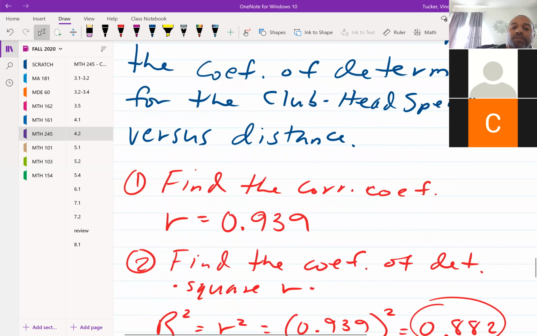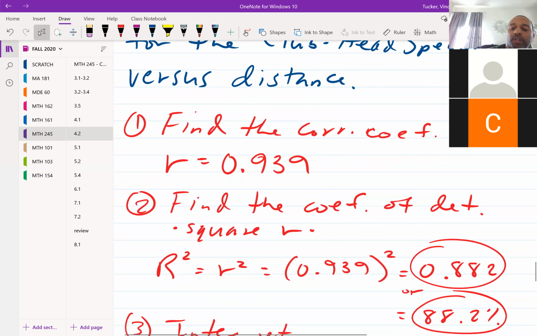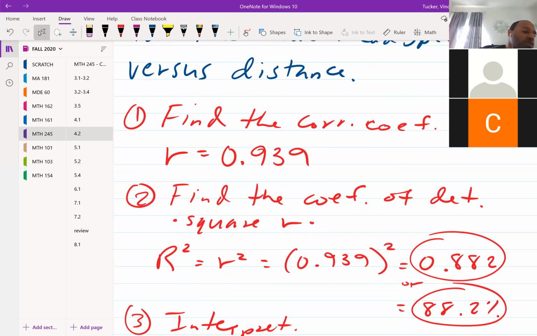Once you have your correlation coefficient, you'll square it. And we ended up getting 0.882. Your coefficient of determination can be expressed as a percentage, which is 88.2%. Just move your decimal 2 places to the right.